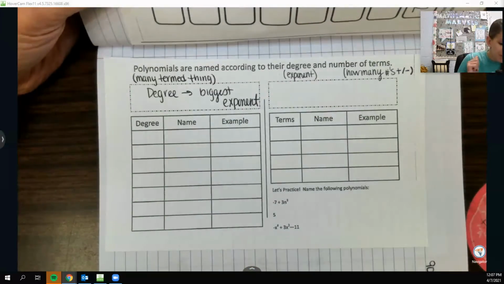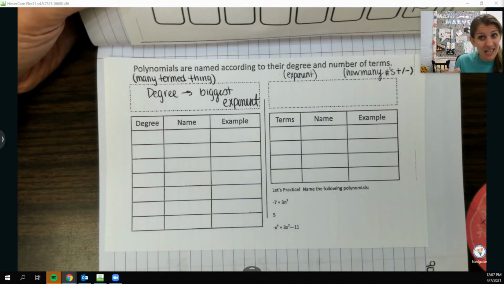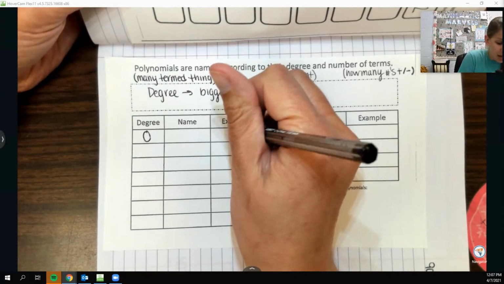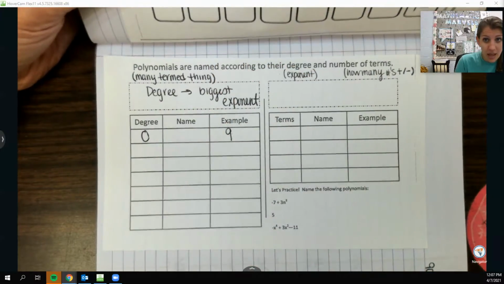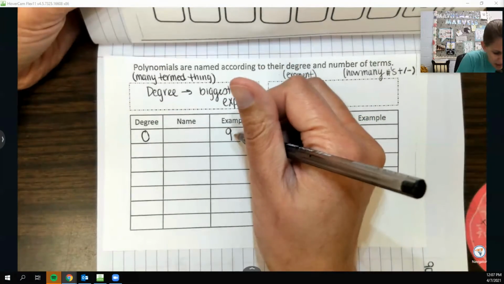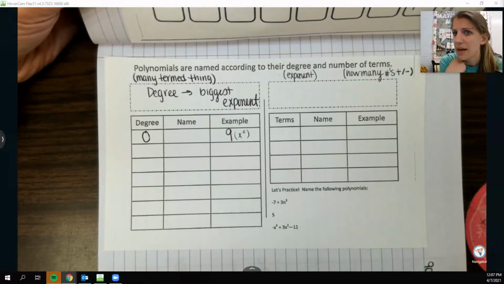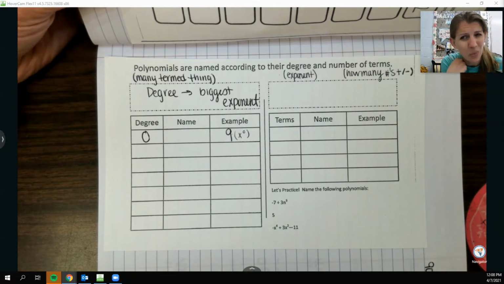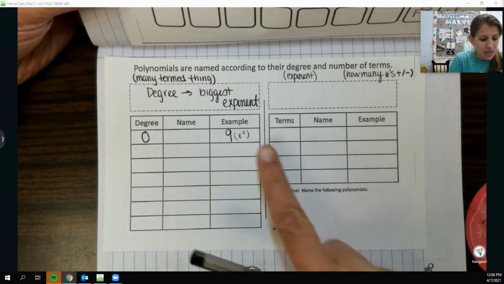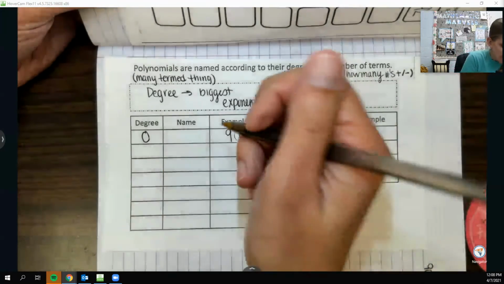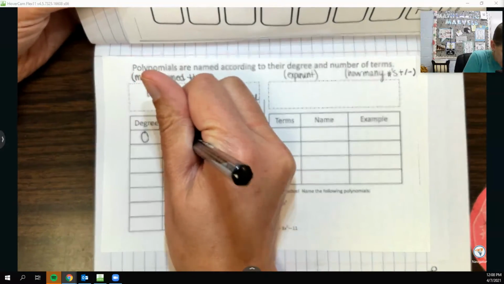So if the biggest degree is 0, that might look something like 9, because secretly I could say that this has an x to the 0 power, and just like we were talking about last chapter, anything to the 0 power is 1, so you don't really need it. So if there is no letter at all anywhere, your degree is 0, and we simply call that a constant.